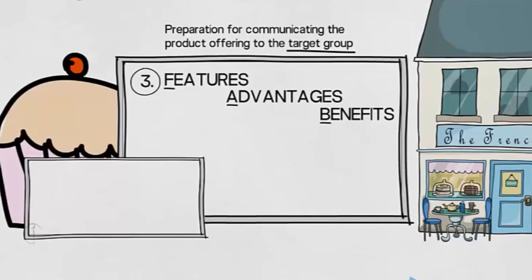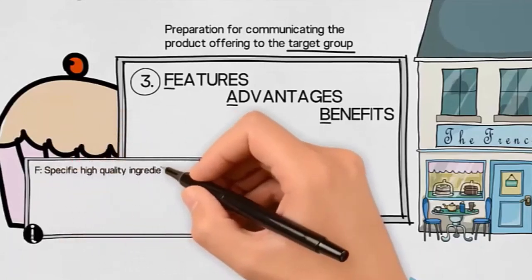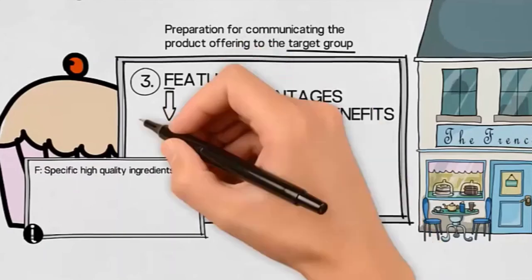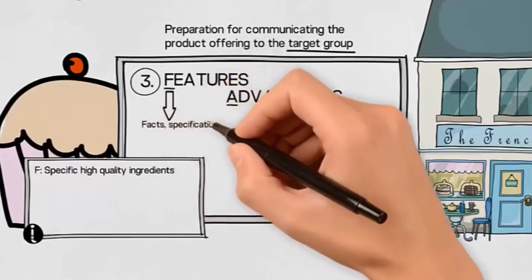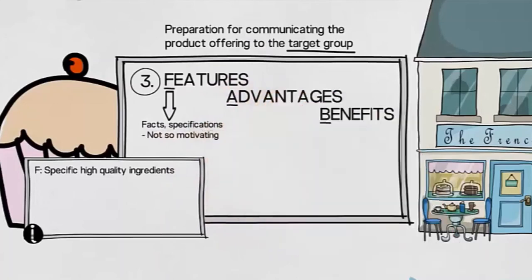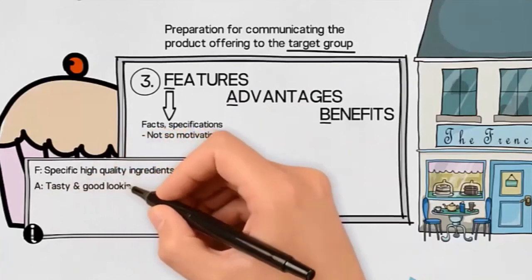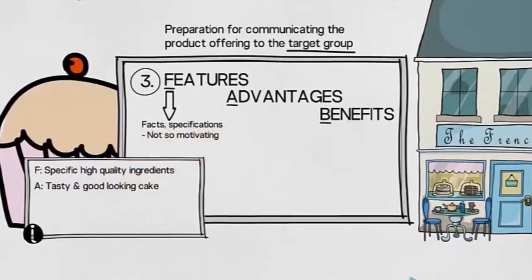Let us look at some of the features in our product offering. The high-quality ingredients of our cakes is a feature. So features are facts or specifications. They are not so motivating in themselves. However, we can translate this feature into an advantage of a better tasting and better looking cake.